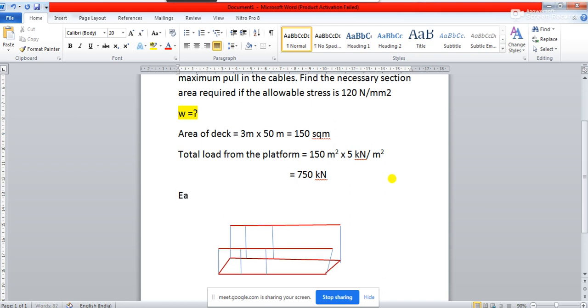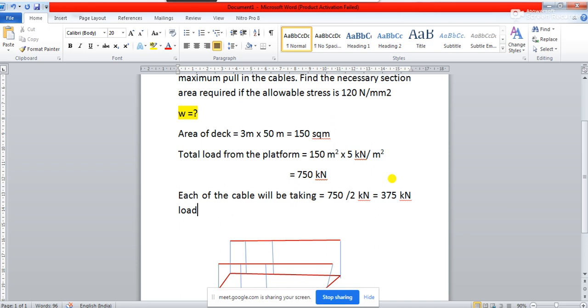So each of the cables will be taking 750 by 2 kilonewton, so 375 kilonewton load. Now is it clear?